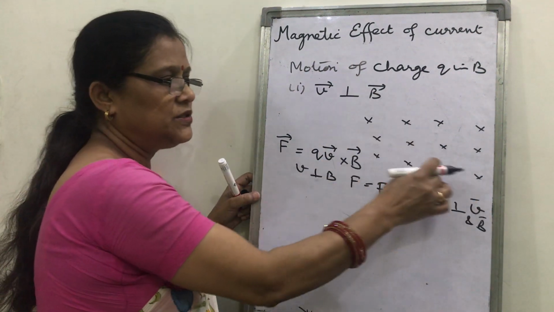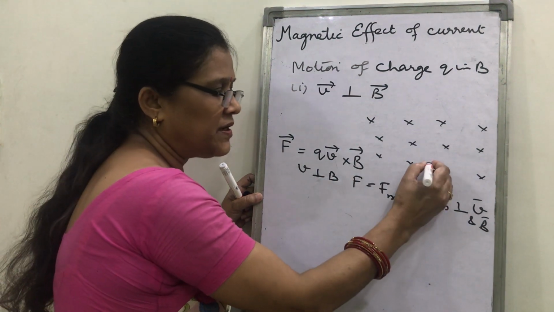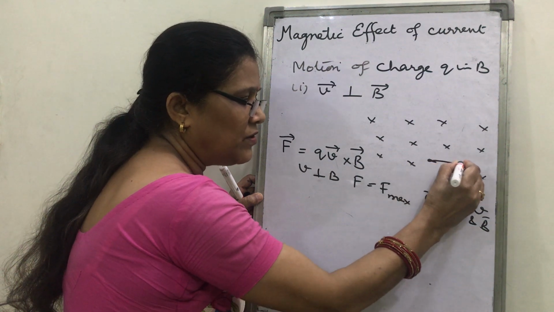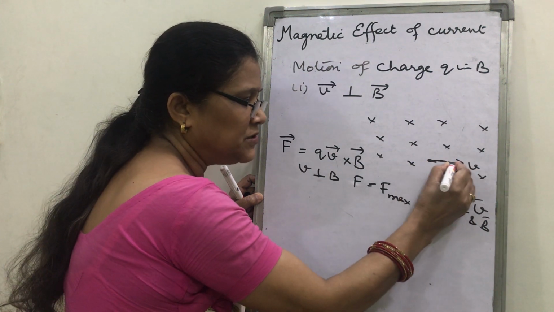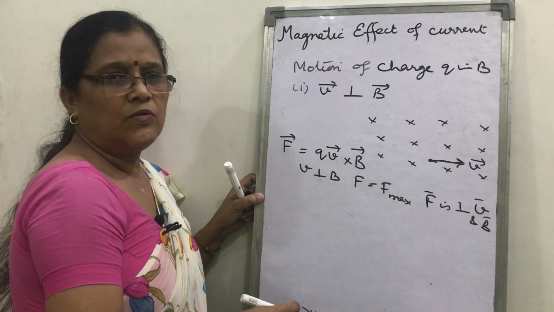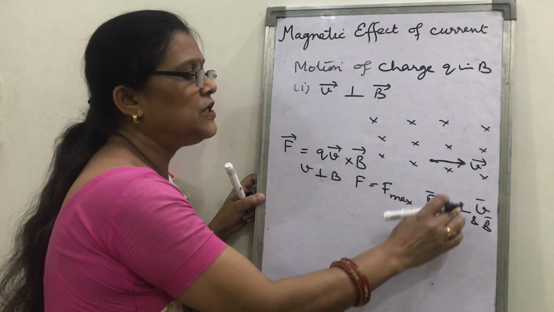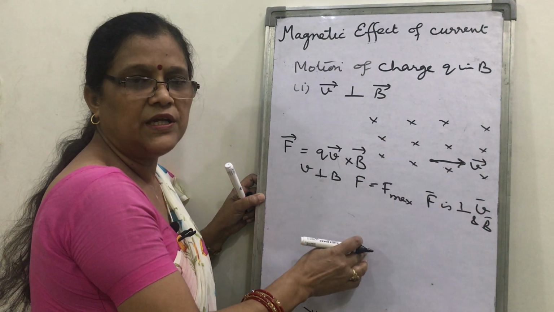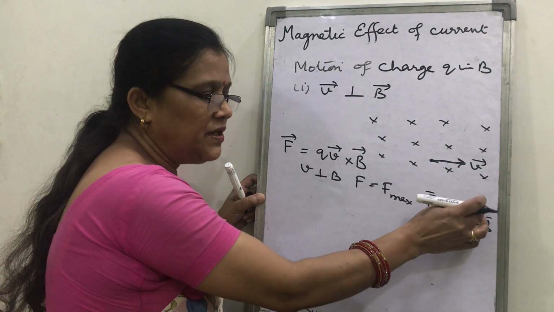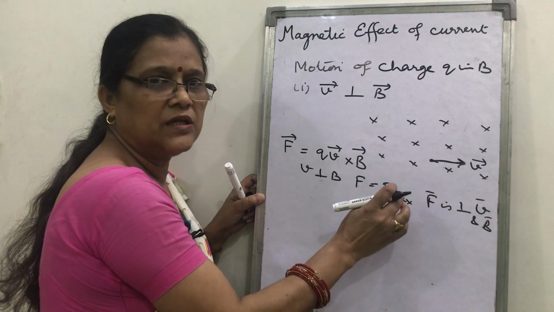So look here, this is the magnetic field. A positive charged particle enters the magnetic field, and suppose this is the velocity of the charged particle. What we observe is that since the force is always perpendicular to the velocity, and the velocity is perpendicular to B, the force is perpendicular to this.